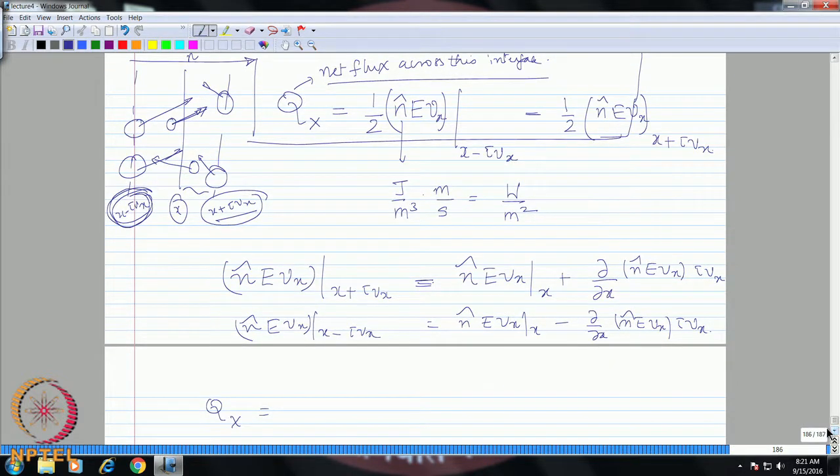So, we have minus del by del x of n E Vx into Vx square tau. Okay.